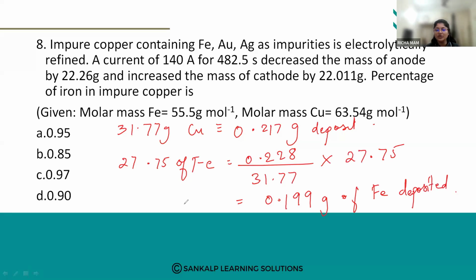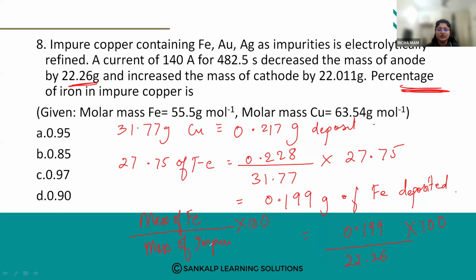Now we have to find the percentage of iron. Percentage of iron is the mass of the iron divided by the mass of impurity, into 100. What is the mass of impurity? 22.26 into 100.